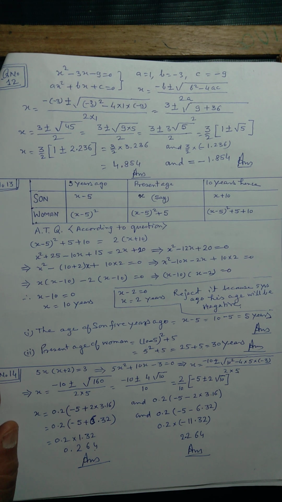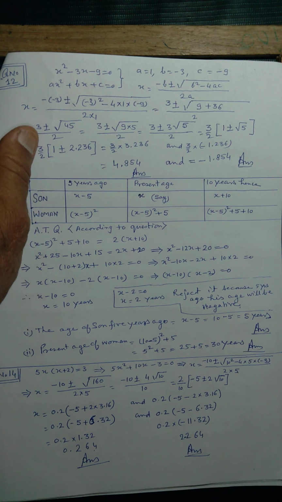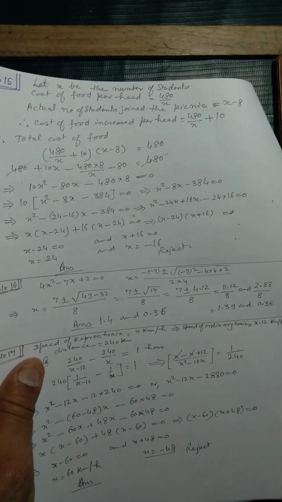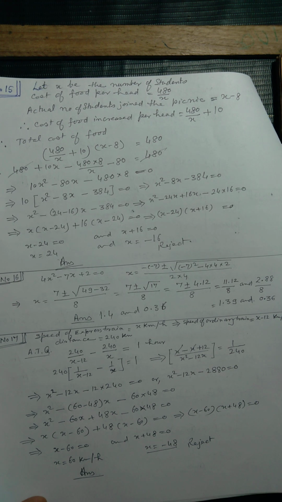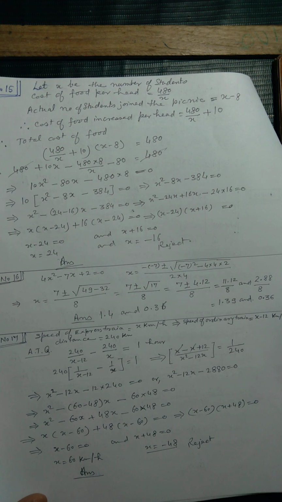Some students plan a picnic. The budget for the food was rupees 480. As 8 of them failed to join the party, the cost of the food for each member increased by 10. Find how many students went for the picnic.